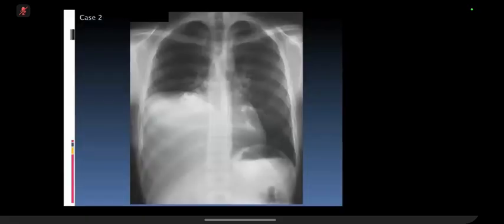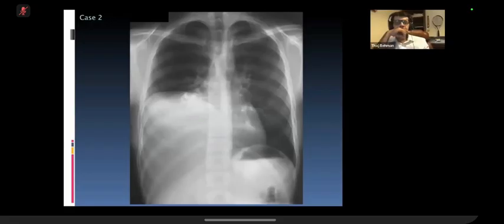Let me share this again. Can you see the X-ray now? Yes, I can see the X-ray. Yeah.